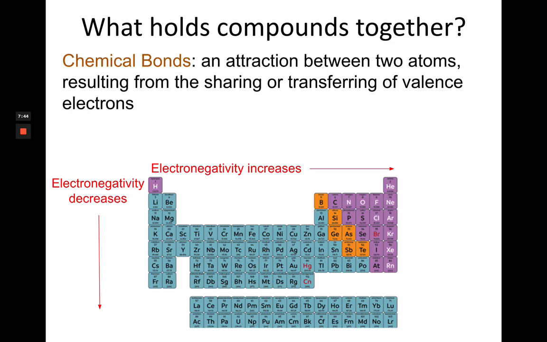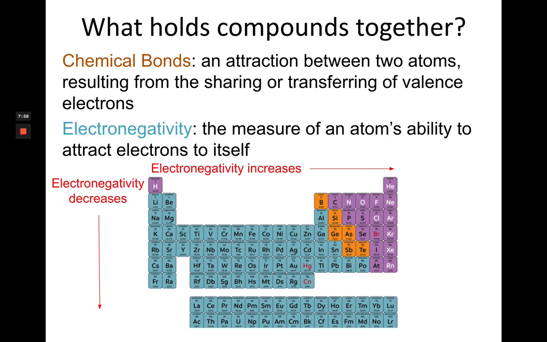So chemical bonds then are going to be an attraction between two atoms that result from the sharing or transferring of those valence electrons. So all of the exciting stuff for atoms is going to occur with those outermost electrons. And so one of the things that comes into play as we start to look at chemical bonding is electronegativity.